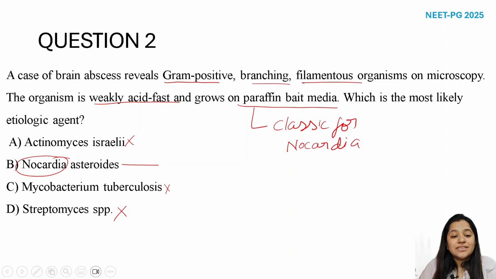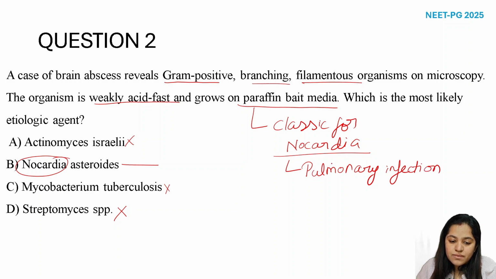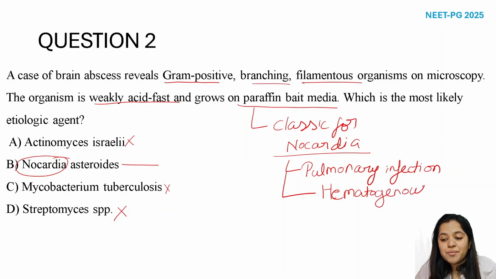And if you want to see the clinical clue here, Nocardia causes pulmonary infection, and through hematogenous spread, through blood, it can spread to other parts, which can cause brain abscess. Okay. So your correct answer here is Nocardia asteroides.